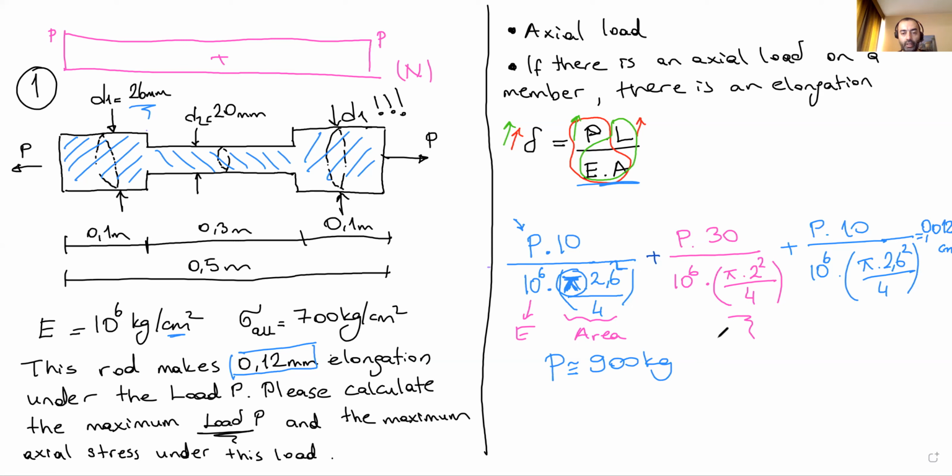This is the total load P. Now we have the load P, so we solved this portion. In the second portion of the question, the maximum axial stress under this load, the load is P here, 900 kilograms.